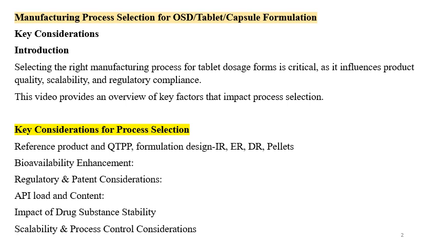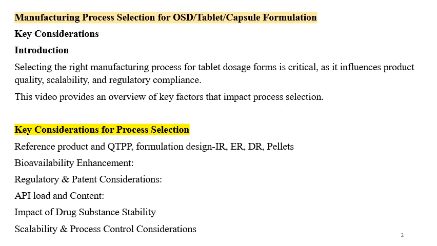If you are working on a generic formulation, then the reference product is the important thing to understand. Reference formulation gives you idea regarding the quality target product profile, that is QTPP. Understand the reference formulation, do some reverse engineering and then make the QTPP.